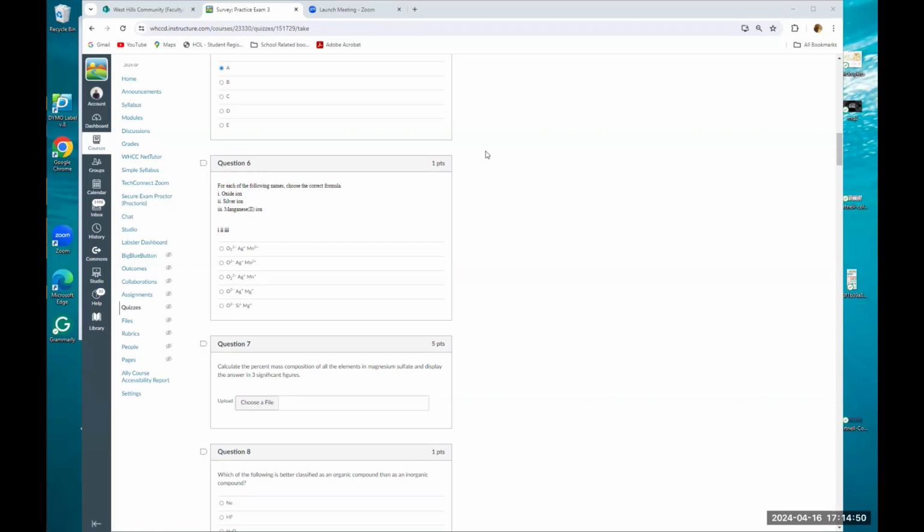Oxide ion, silver ion, manganese 2 ion. So it's either got to be the first one or the second one, I think. Just a 50-50 chance, just because I see the 2 right there.